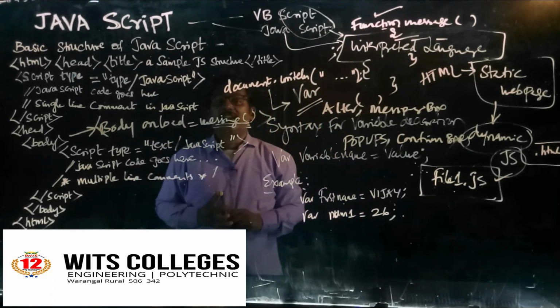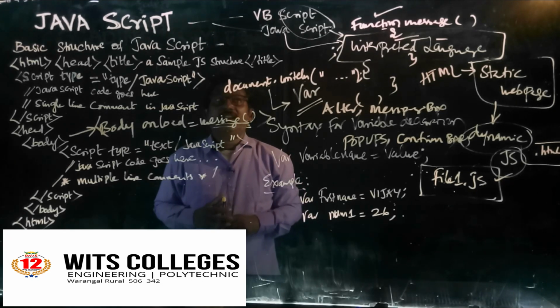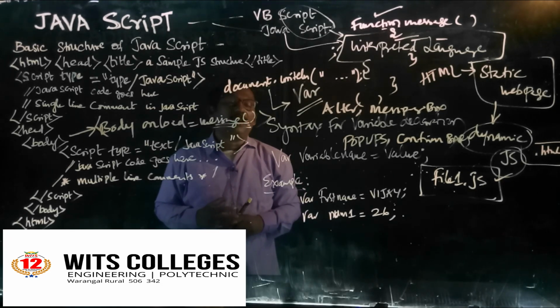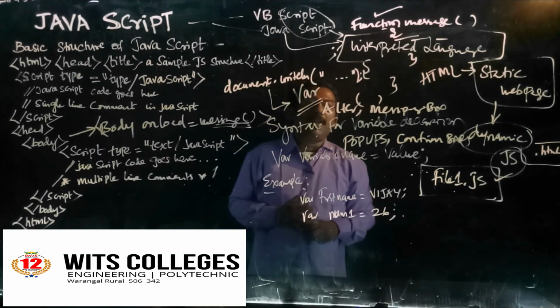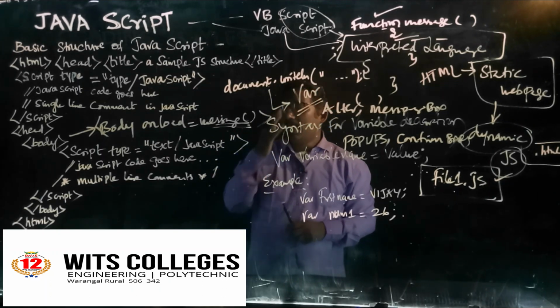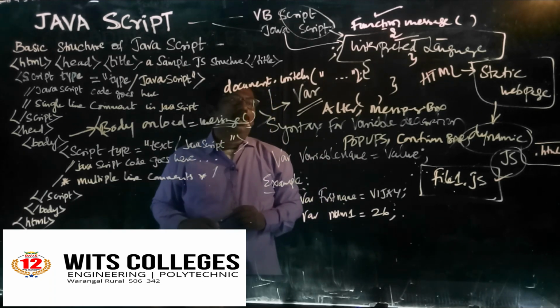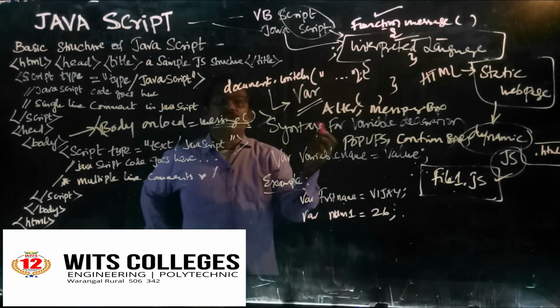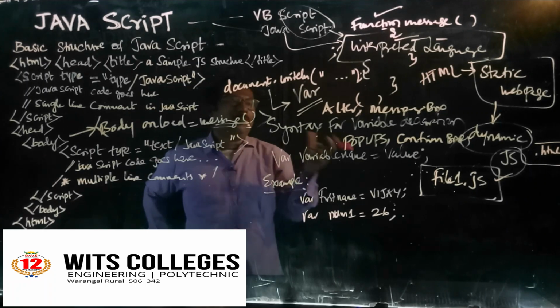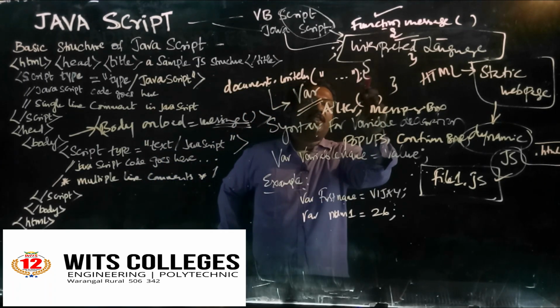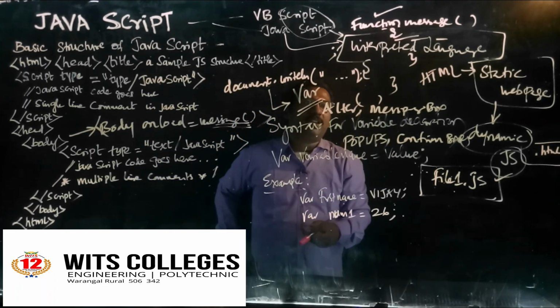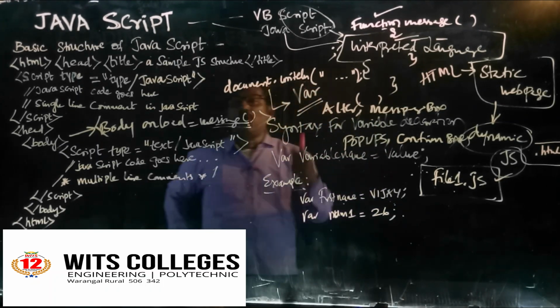JavaScript is a client-side scripting language. It is an interactive, interpreted language which can be embedded in HTML. In JavaScript every line closes with a semicolon, a block starts with an opening brace and ends with a closing brace, and functions use parentheses.